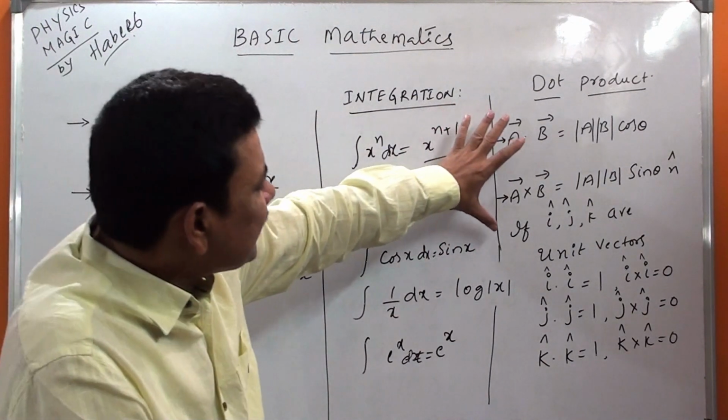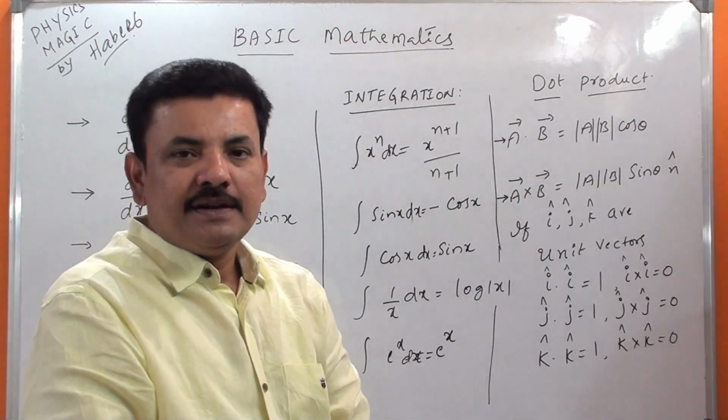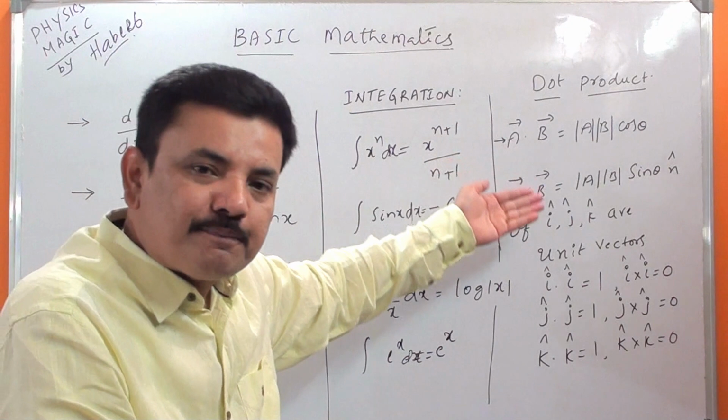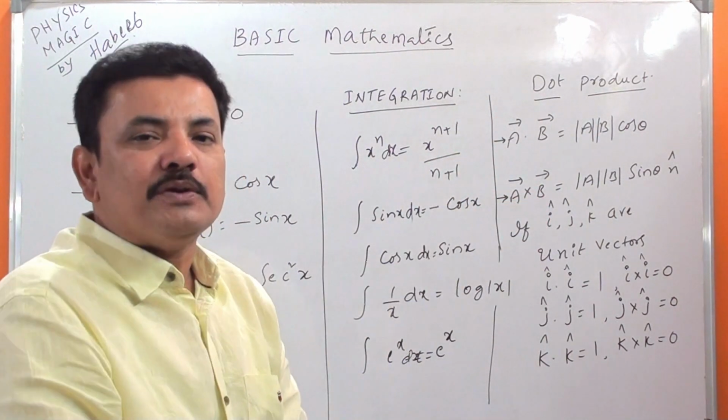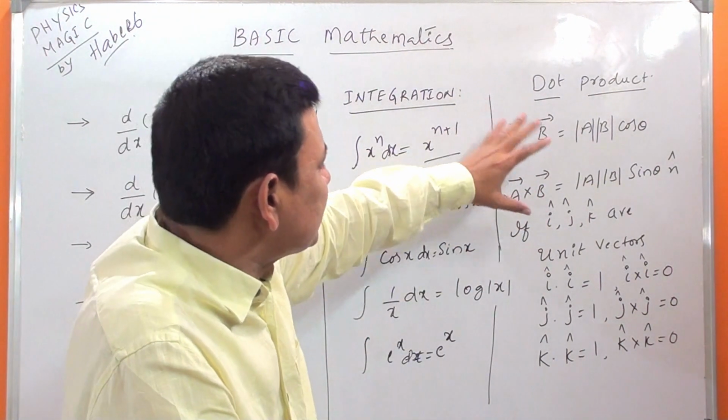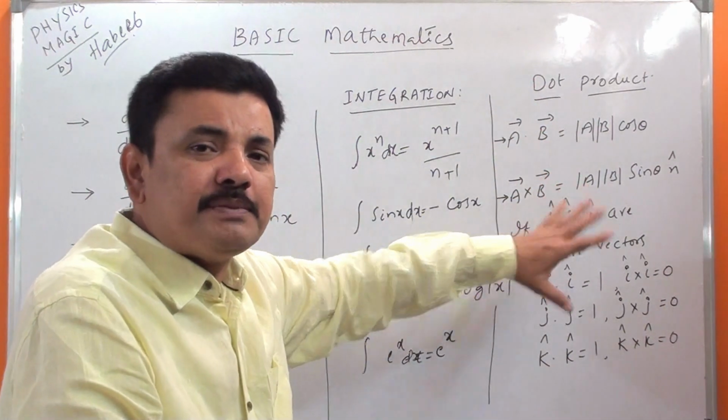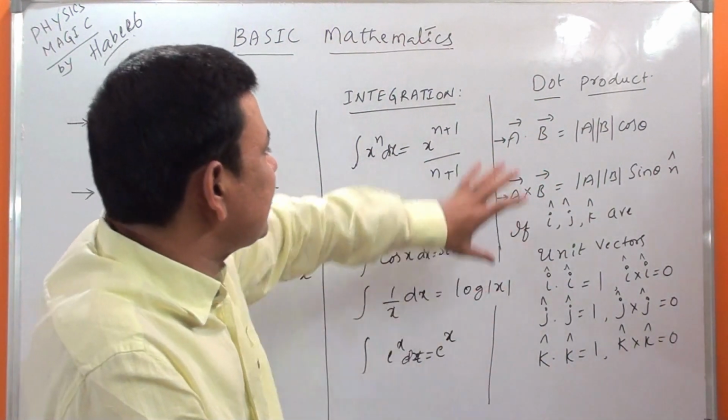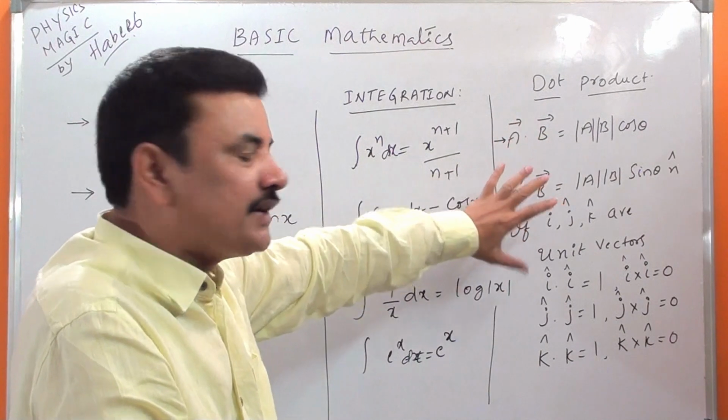Then similarly, another very important piece of information which will help us in work, power, energy, and in rotational motion, is the vectors concept. Because already you have learned vectors, but I am just refreshing once again.